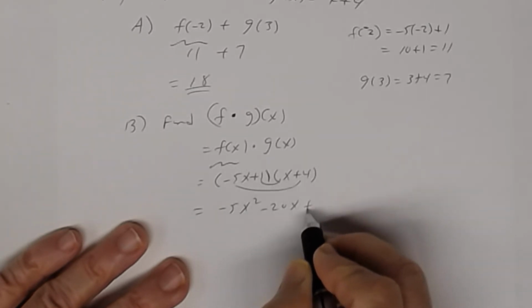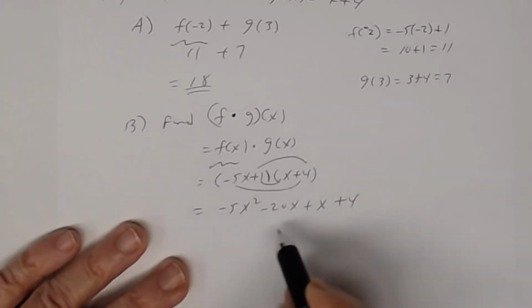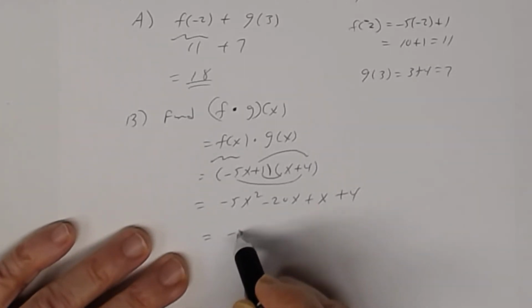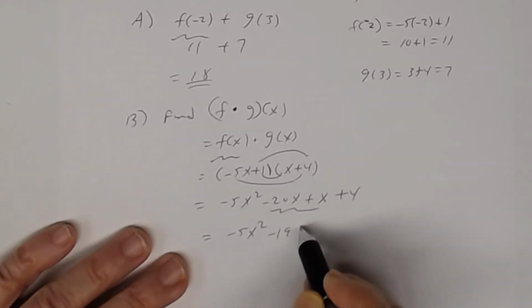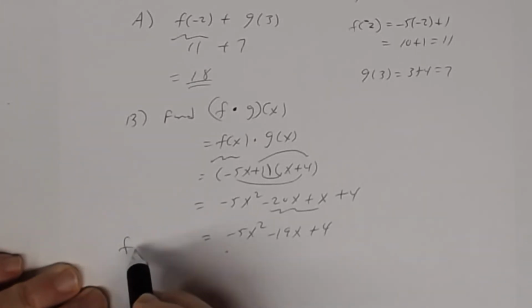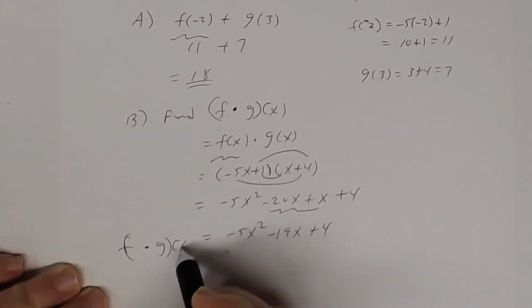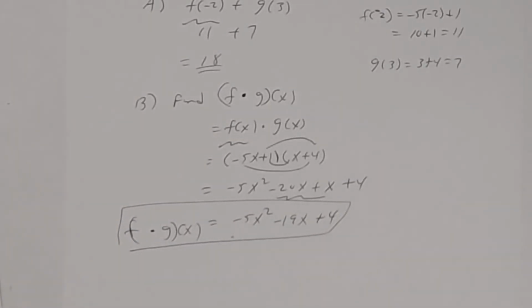The inner is a positive x. And the last, 1 times 4 is 4. Combining like terms, I get negative 5x squared. Negative 20x plus x is a negative 19x, and then plus 4. Okay, so that is f times g at x. So that would be the answer to part B.